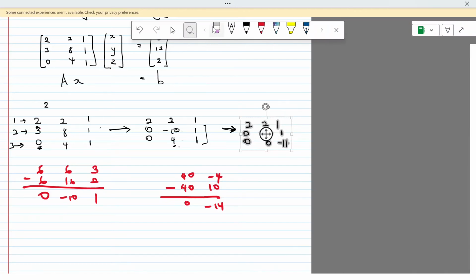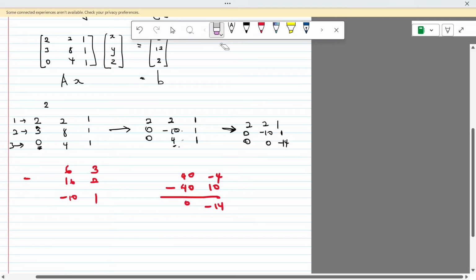Yeah, we performed those operations for the left-hand side. We also have to do the same for the right-hand side.